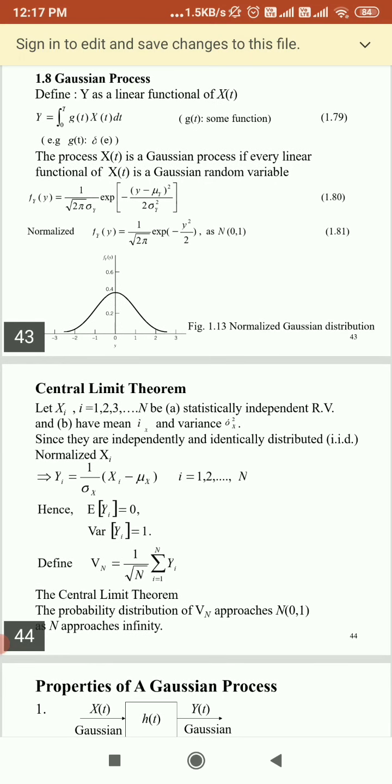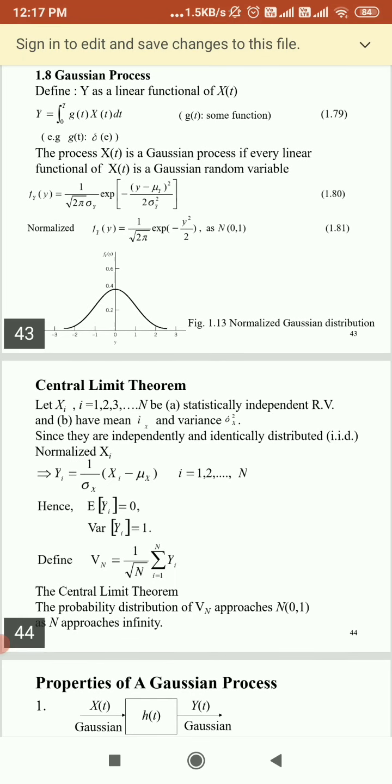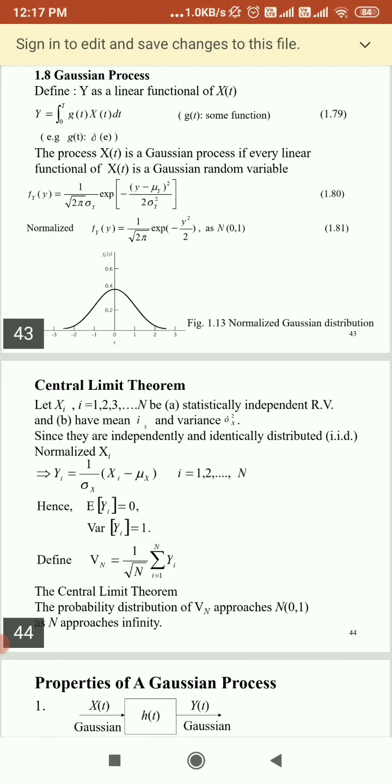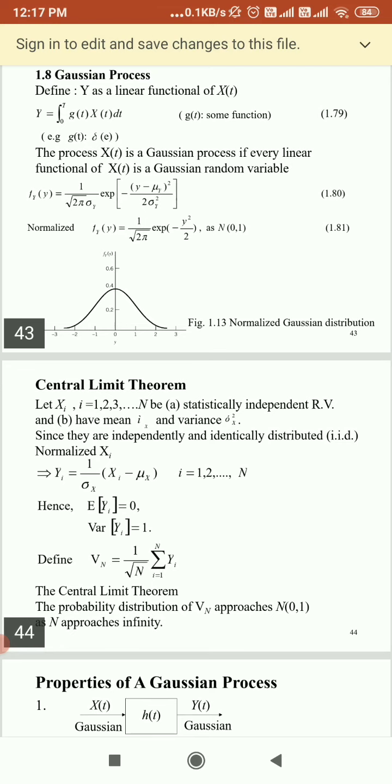So if we are considering a random process, you can see here, if we are taking y as a linear function of x of t, where X of t is nothing but the random process. So we can take the process x of t as a Gaussian process if every linear function of x of t is a Gaussian random variable.